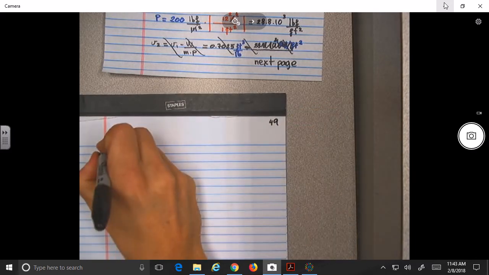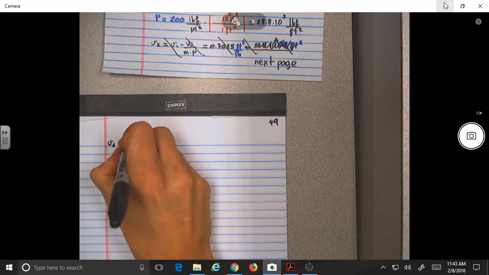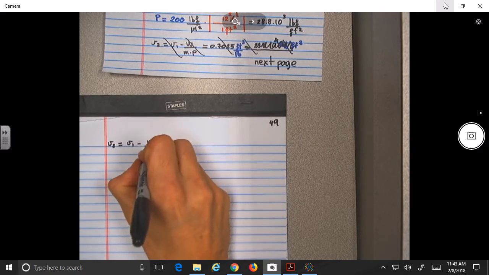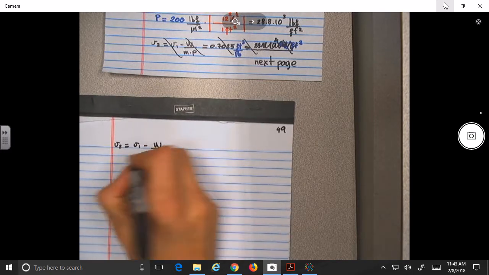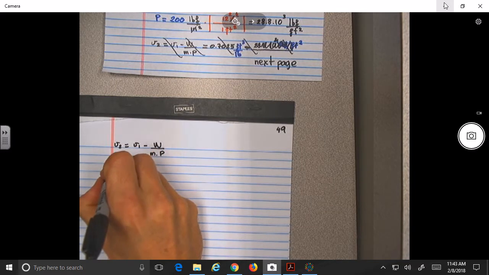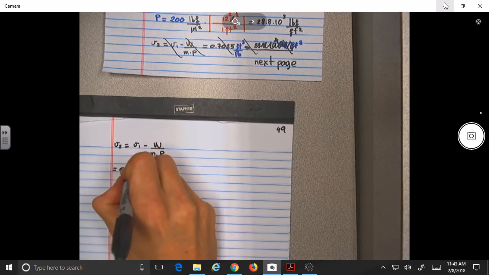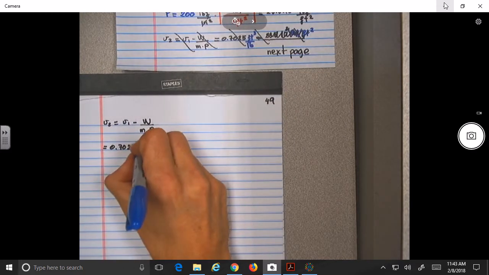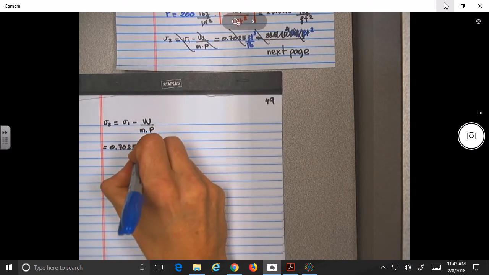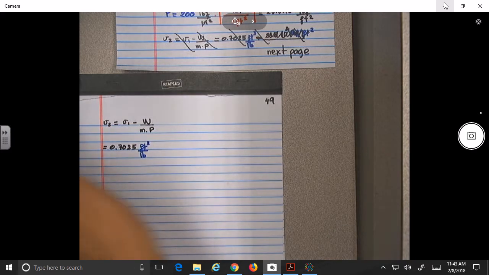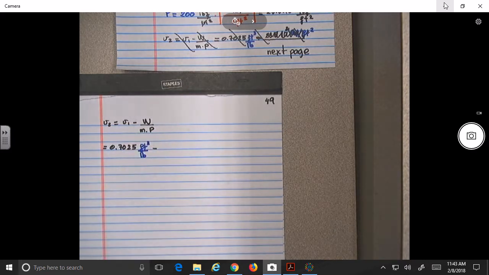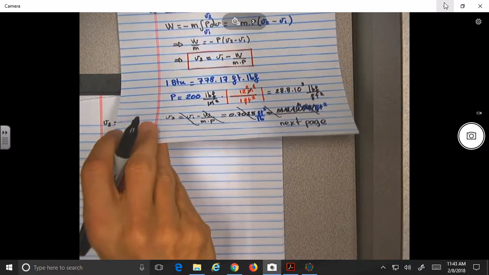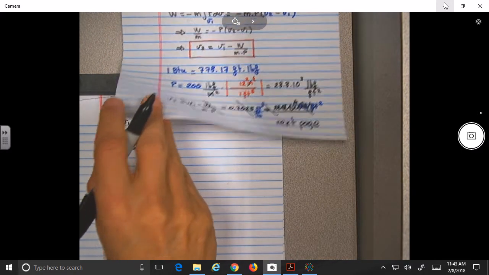Okay, so the equation was V2 equals V1 minus the work divided by MP. So now, this is equal to 0.7025 cubic feet per pound minus, and you're right, I was doing the wrong value, the work is 88.84.